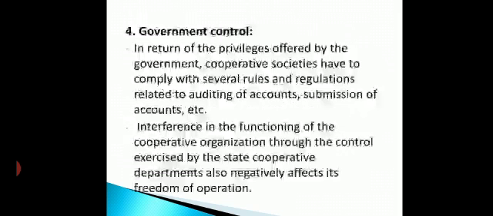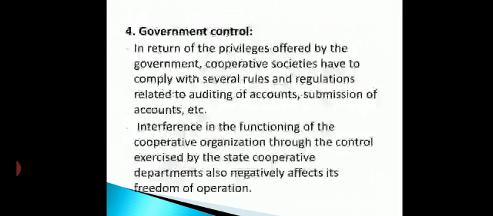Fourth one is government control. In return for the privileges offered by the government, cooperative societies have to comply with several rules and regulations related to auditing of accounts, submission of accounts, etc. As I've already told, it is compulsory on the part of cooperative societies to disclose their financial details yearly to the government. That is, they have to publish their financial statements, and it is open for all.